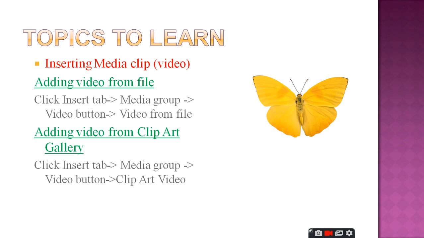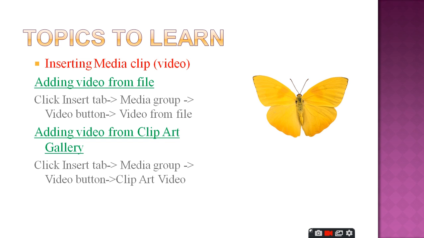Navigate to the folder containing the video, select the file, then click the Insert button. To add a video from clip art, you click on the Insert tab, Media group, Video button and Clip Art Video. We will get the Clip Art pane. From the pane you select any one of the video files.